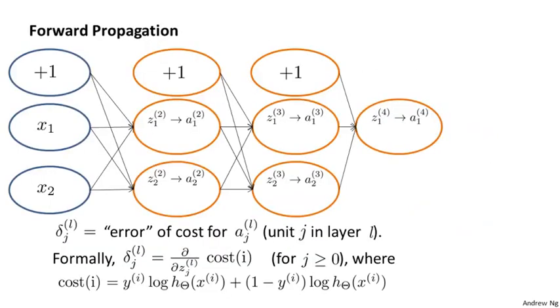Now let's look at what backpropagation is doing. One useful intuition is that backpropagation is computing these delta superscript l subscript j terms, and we can think of these as the quote error of the activation value that we got for unit j in layer l. More formally, and this is maybe only for those of you that are familiar with calculus, what the delta terms actually are is the partial derivative with respect to z_j^[l], that is this weighted sum of inputs that we're computing, these z terms, the partial derivative of the cost function with respect to these things.